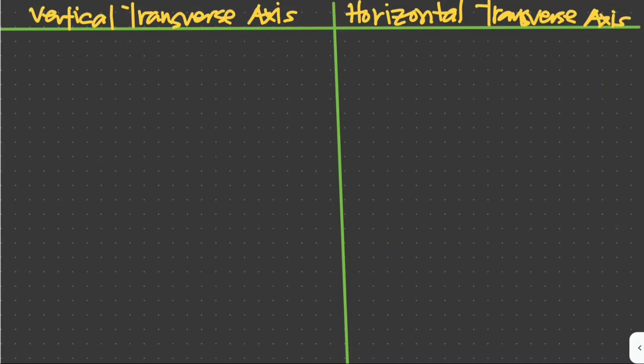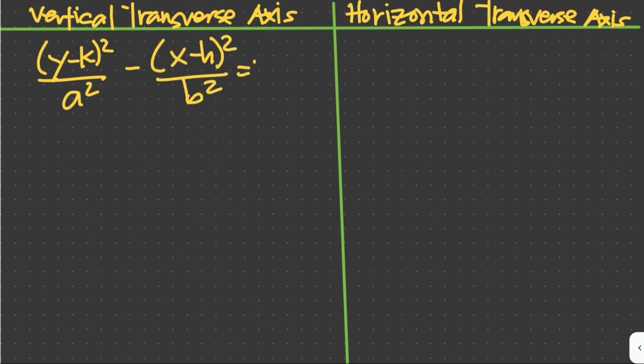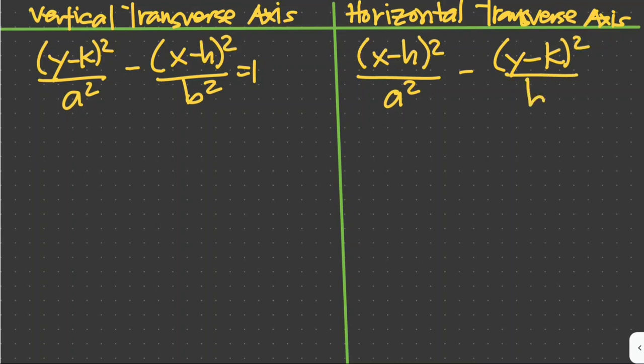The equation for the vertical is just y minus k squared over a squared minus x minus h squared over b squared equals 1. And then for the horizontal, that is x minus h squared over a squared minus y minus k squared over b squared equals 1.